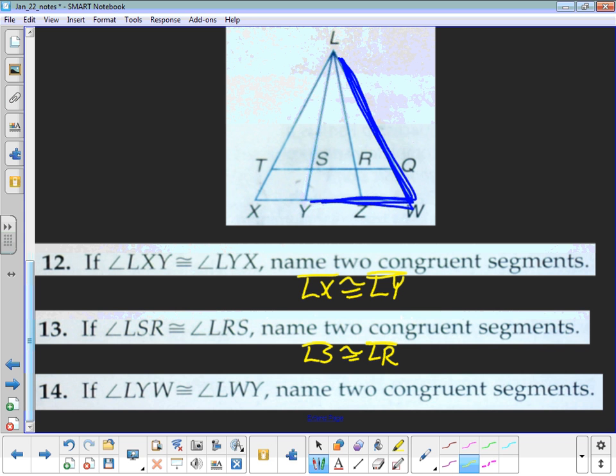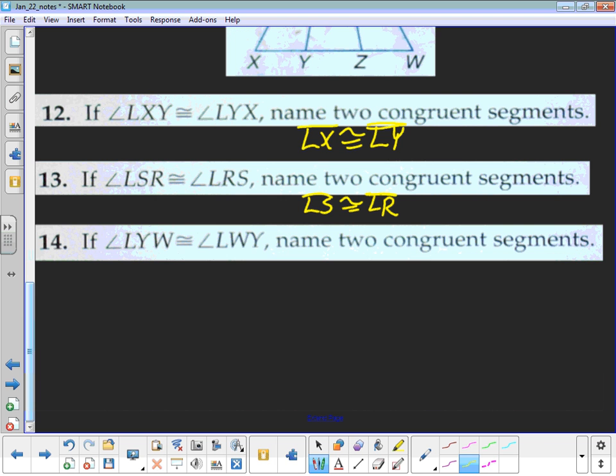If I look at the triangle as a whole, the two angles that are congruent are the ones that aren't connected by the sides that are congruent. So LY has to be congruent to LW. LY, LW. LS, LR. LY, LX. They tell you which sides are going to be congruent. Kind of a shortcut there.